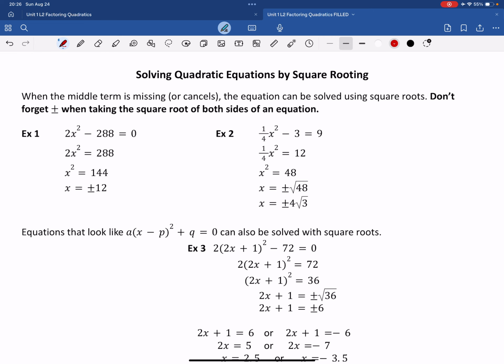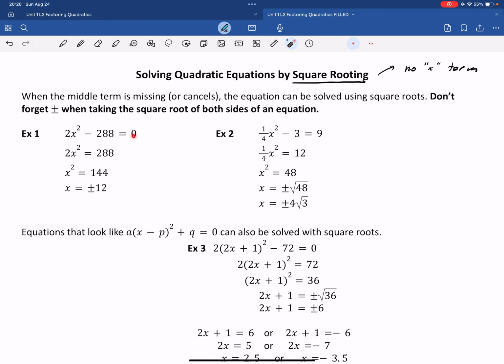Okay, square rooting. So basically, when do we most of the time want to use square rooting? Well, this is when there's no x term. If there's no x term and we have an expression like this, we can just isolate x squared and then square root.